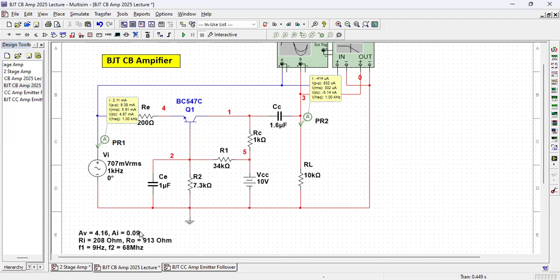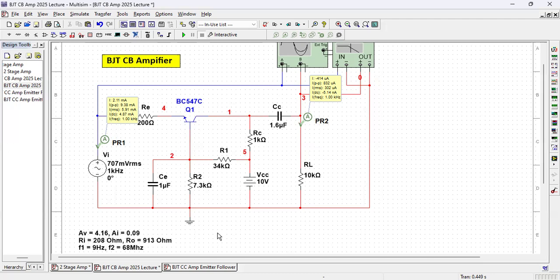So what do you find? Current gain is very small. But mind it, in the common emitter amplifier, current gain is equal to hFE, or the beta. Here it is very, very small, and voltage gain is also very small.